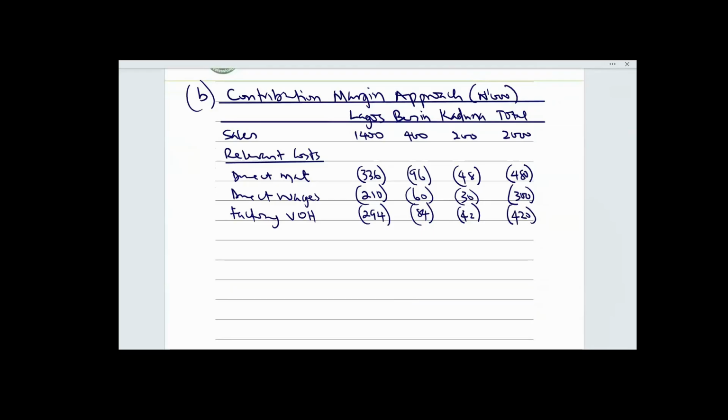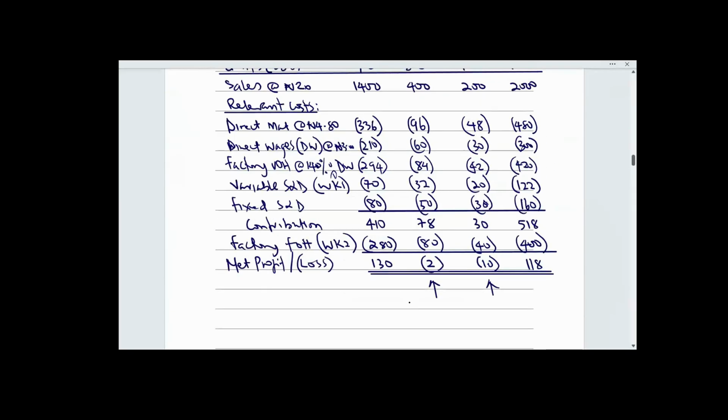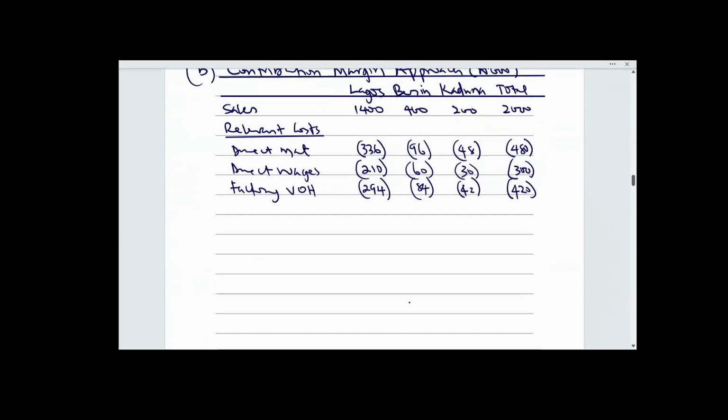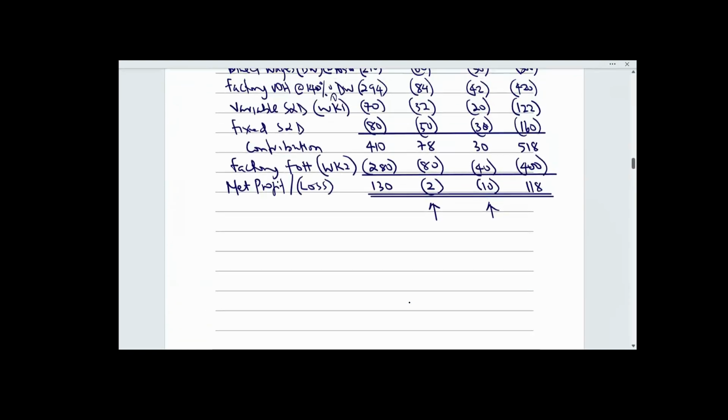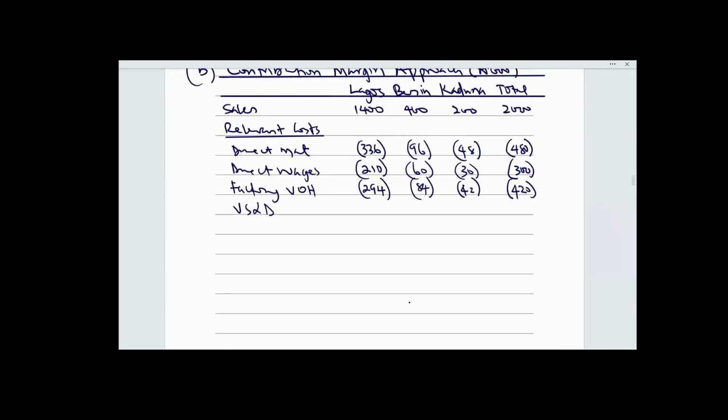Then after factory variable overhead, we also have variable selling and distribution. For Lagos, I think this is 70, 32, 20, then 122.